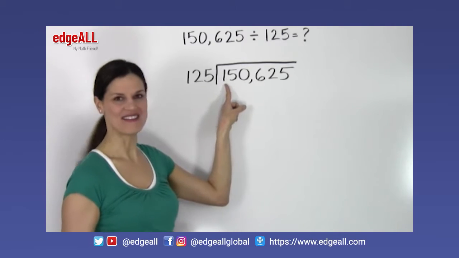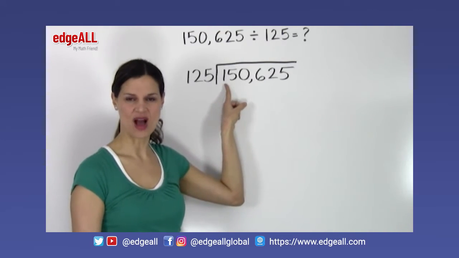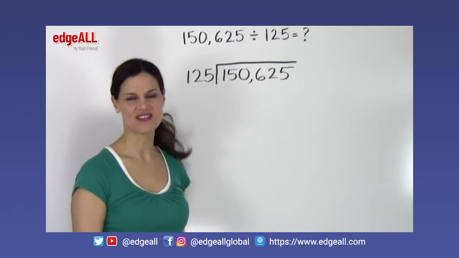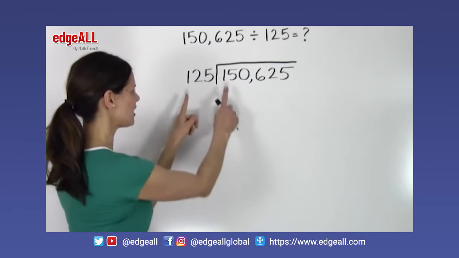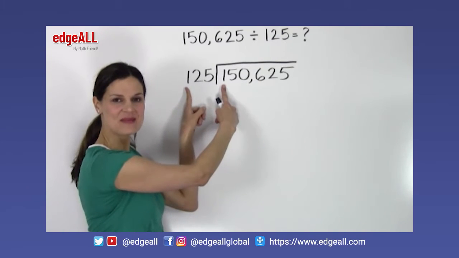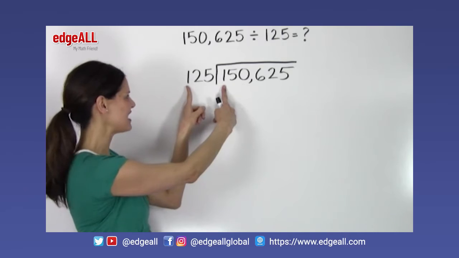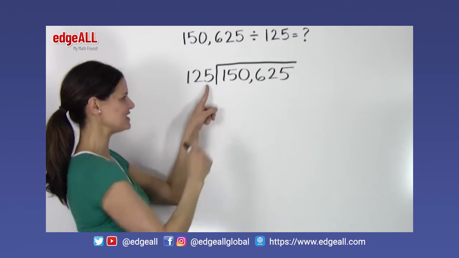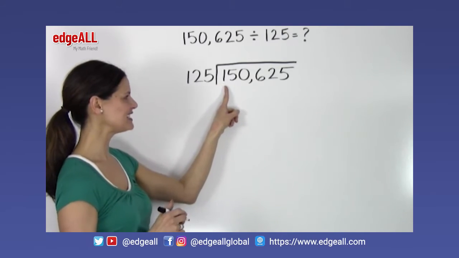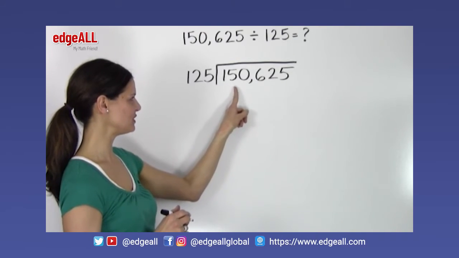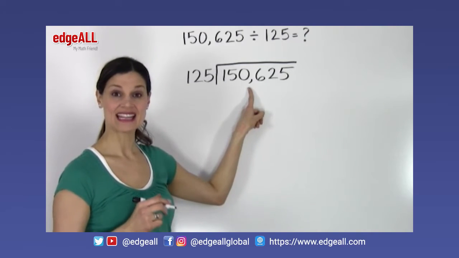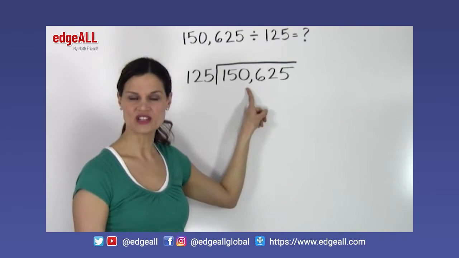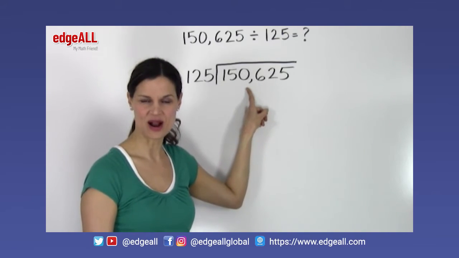So to work on this problem, we start over here and we look at the highest place value of the dividend, which in this case is the 1 in our 150,625. And starting here, I'm going to count over the same number of digits as I have in my divisor. Since my divisor is a 3-digit divisor, I count over in my dividend 1, 2, 3 digits. This 150 is the point at which I'm going to begin my division problem.